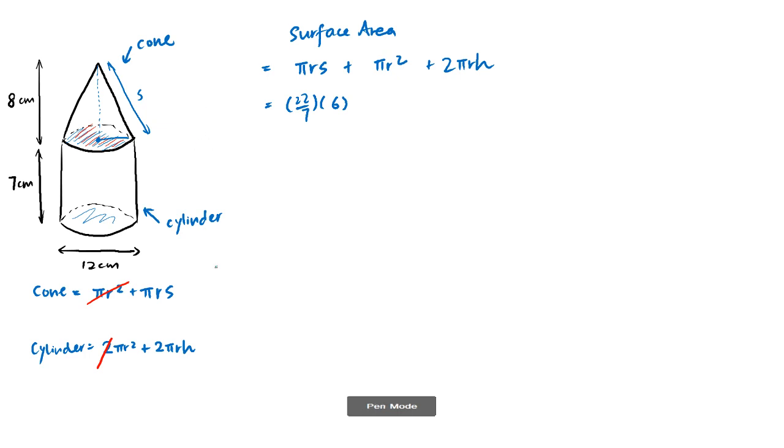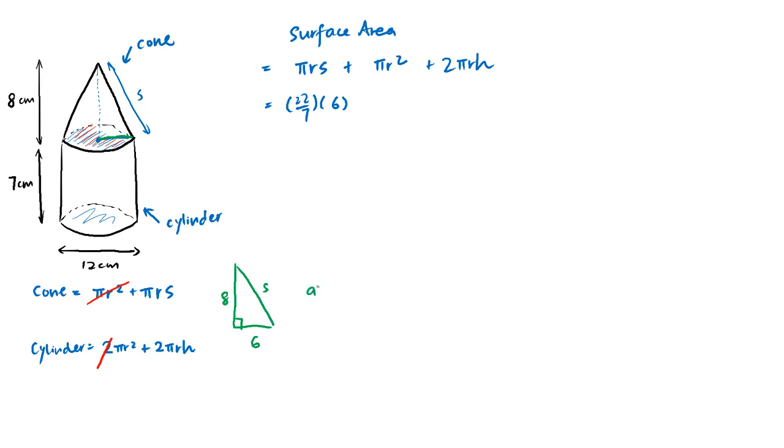It's better below. So this is your right angle triangle. The actual height is 8, which is here. The radius is 6. Therefore, this side is also your base, which is 6. Slant height you don't know yet, so put it as S.